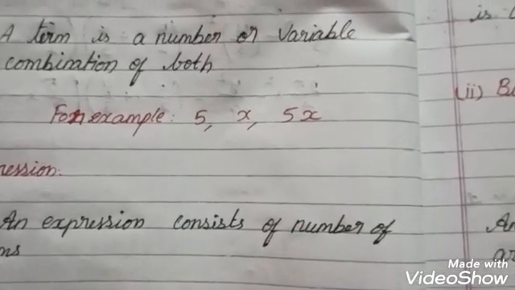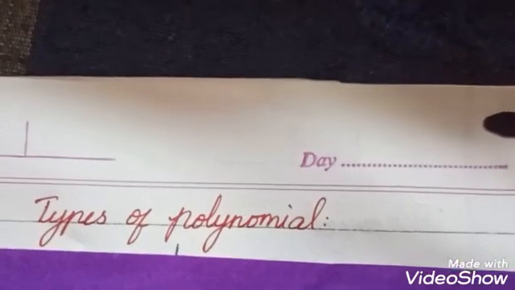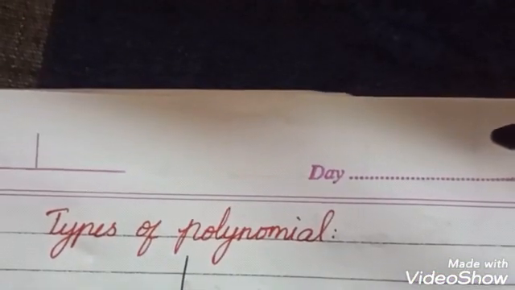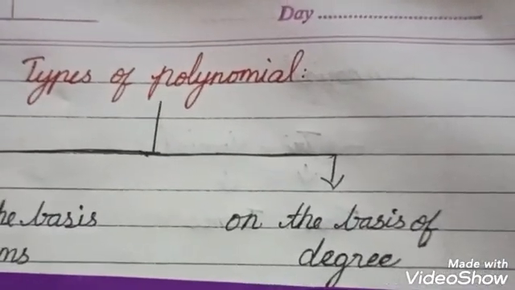Next we move on to the types of polynomial. It can be classified in two ways: on the basis of terms and on the basis of degree.